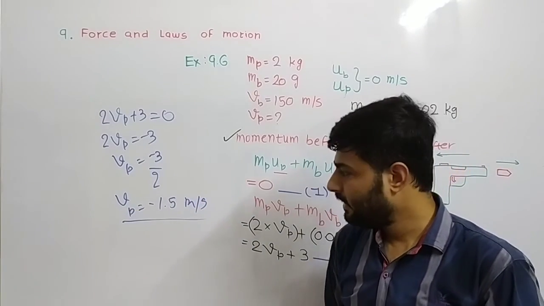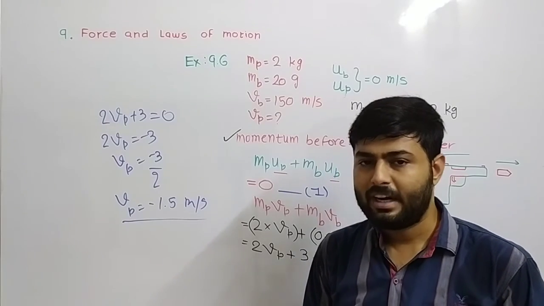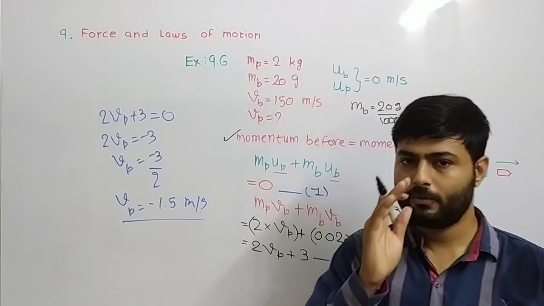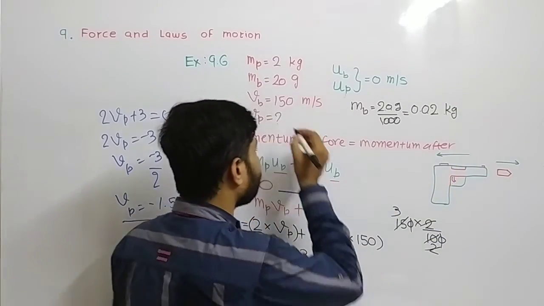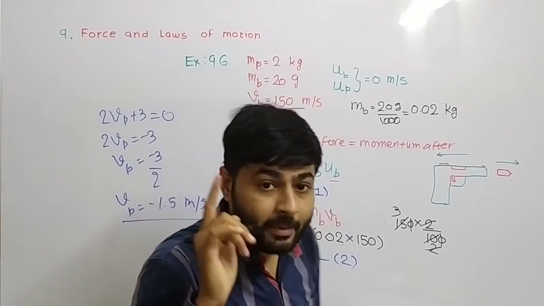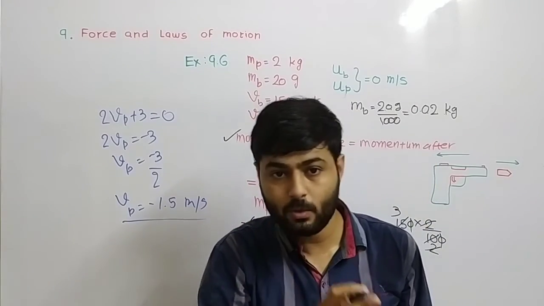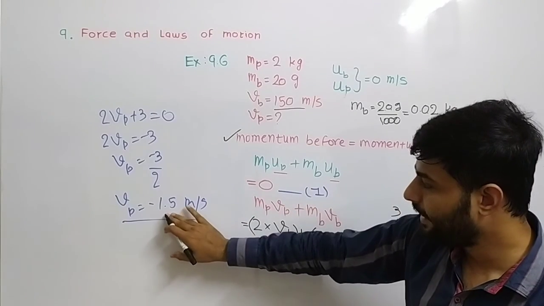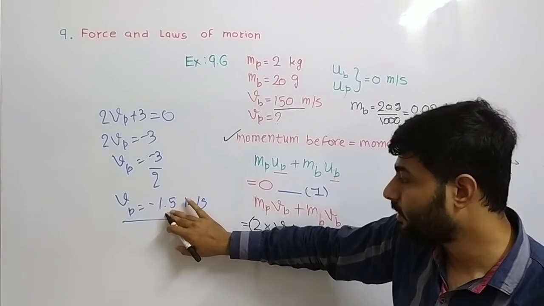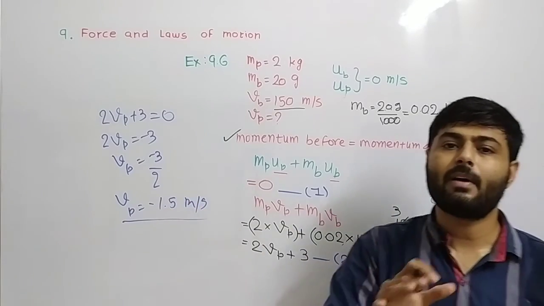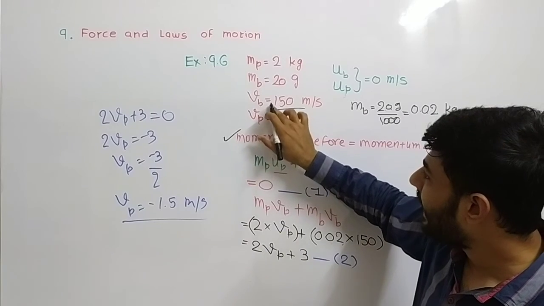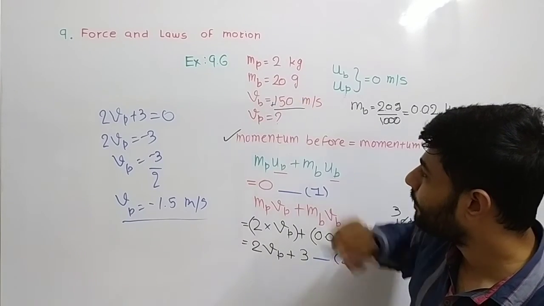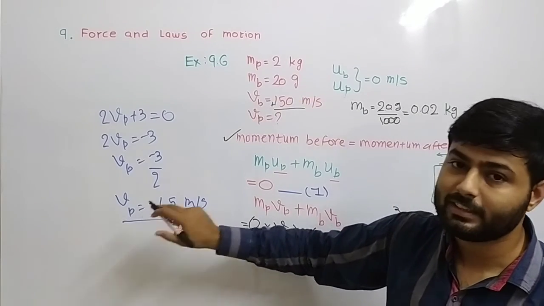Here in this example I would like to note a few things. The velocity of the bullet is 150 meter per second. That is a huge velocity. And see here, the velocity of the pistol is only 1.5 meter per second. And here the sign of this velocity is positive and the sign of this velocity is negative.